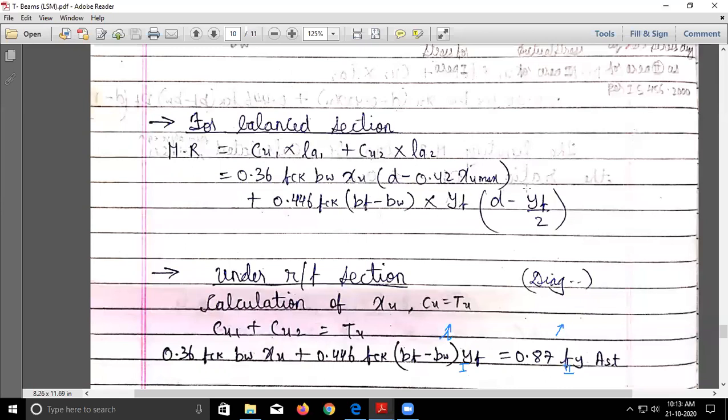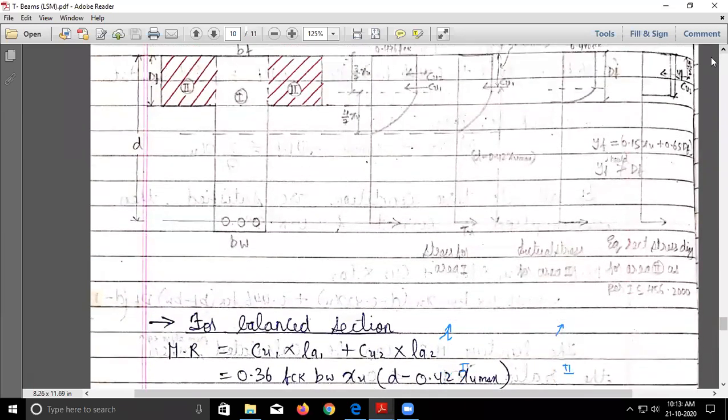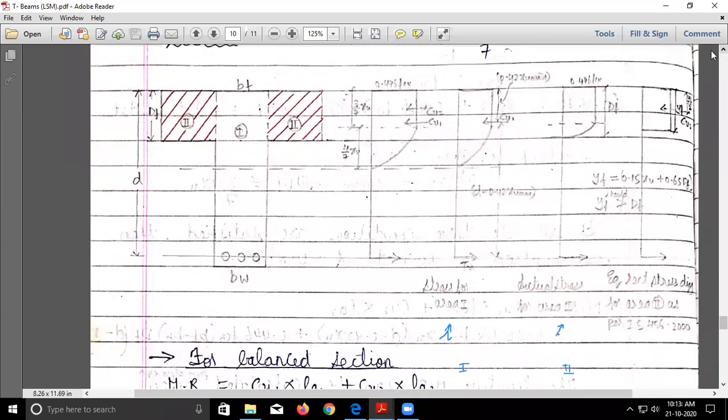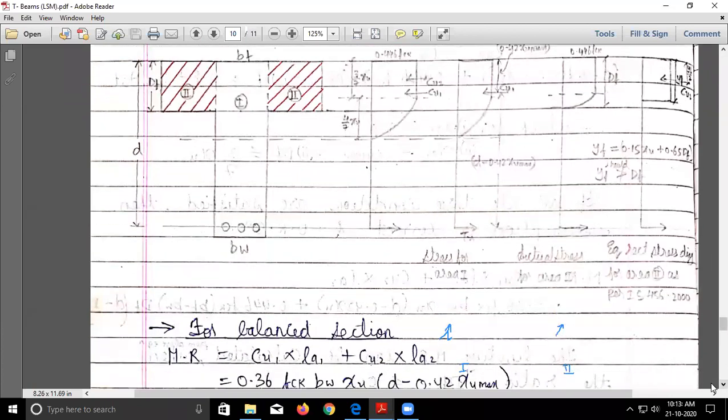ठीक है, DF के जगह पे अभी मैंने जो बताया एक्सप्लेनेशन, IS has recommended YF. तो वो जो रेक्टेंगुलर जो ब्लॉक एज्यूम किया है उसका जो डेप्थ है YF है, और लीवर आर्म क्या हो जाएगा? D माइनस YF/2. If you see this figure, ये टोटल YF कंसिडर किया है, ये रेक्टेंगुलर है, pay attention. ये जो है ये पूरा रेक्टेंगुलर है, और ये जो है रेक्टेंगुलर प्लस पैराबोलिक है. तो ये जो टोटल है इसको YF कंसिडर किया है डेप्थ को, और जो सेंटर पे Cu2 एक्ट करेगा वो YF/2 पे एक्ट करेगा. तो इसको एकदम सिंप्लीफाई कर दिया IS कोड ने.